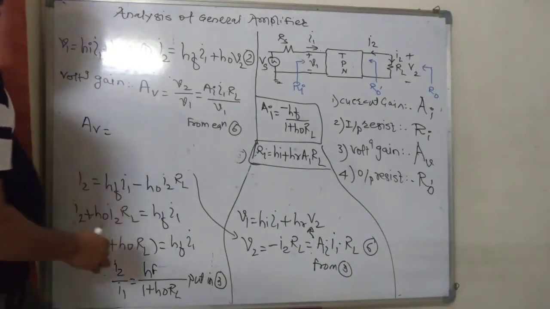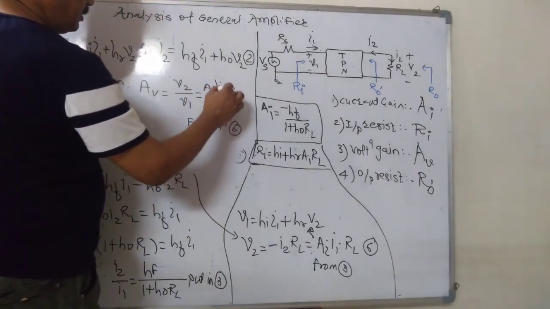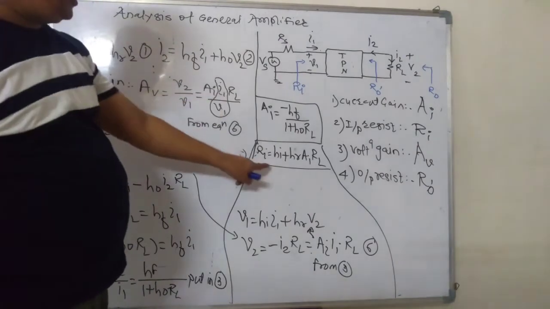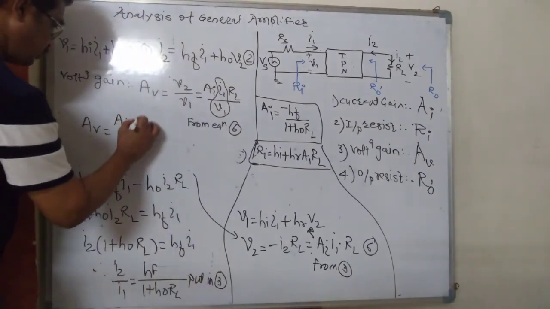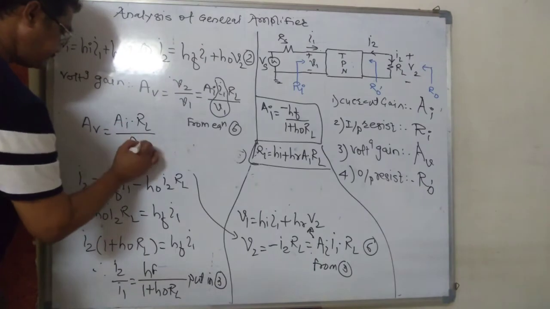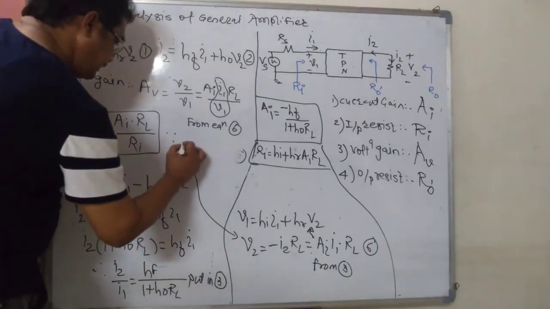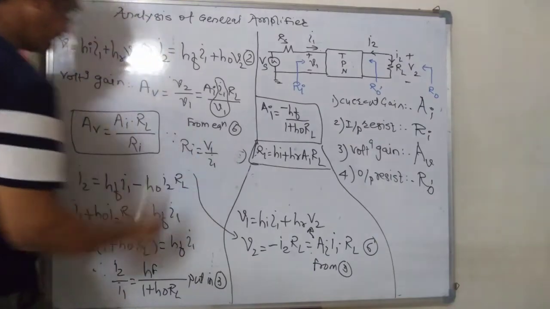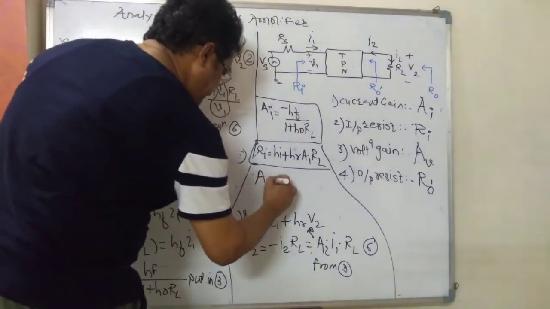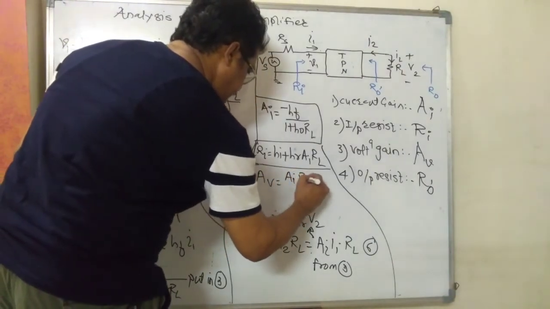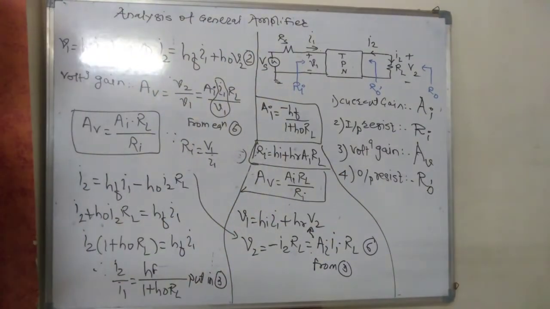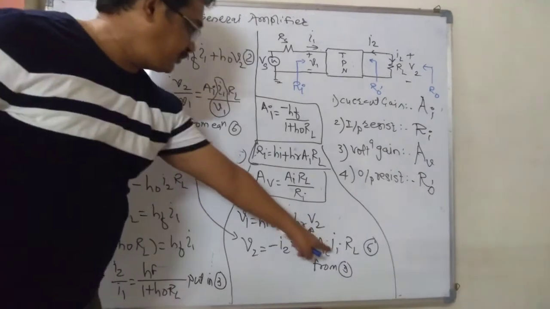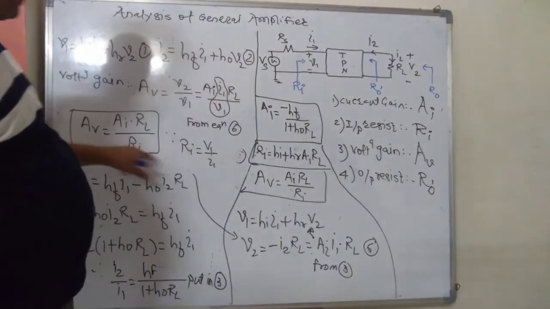So A_V is equal to A_I into R_L upon R_i, since the definition of R_i is V_1 upon I_1. So the third formula we have derived is A_V equal to A_I R_L upon R_i. I_1 upon V_1 is 1 by R_i.